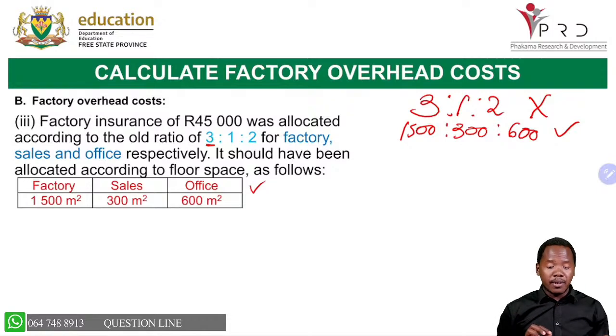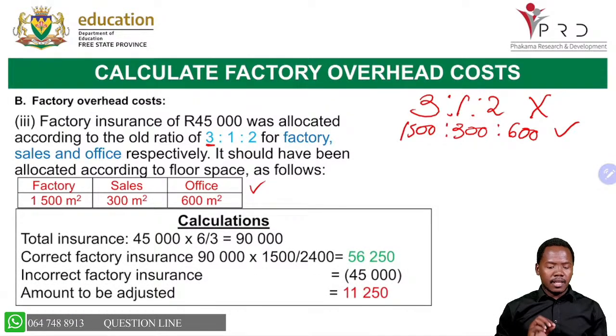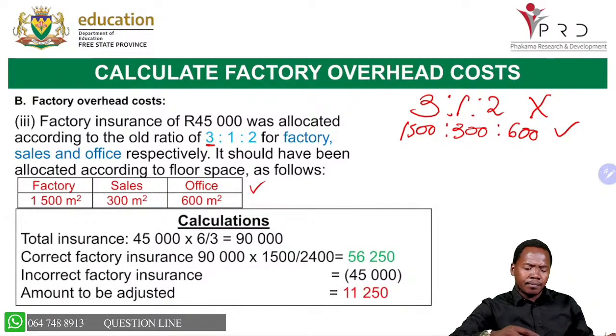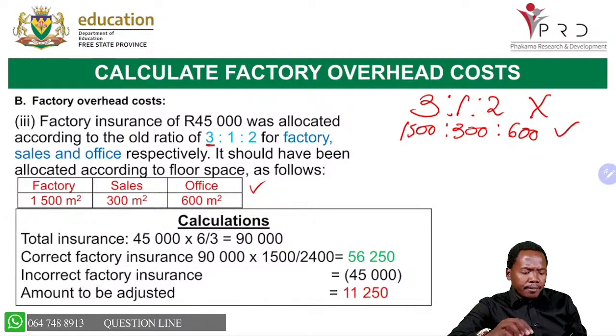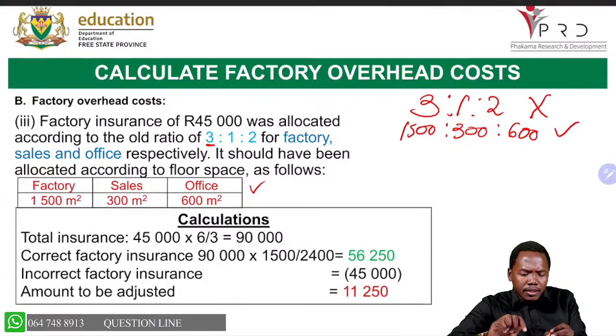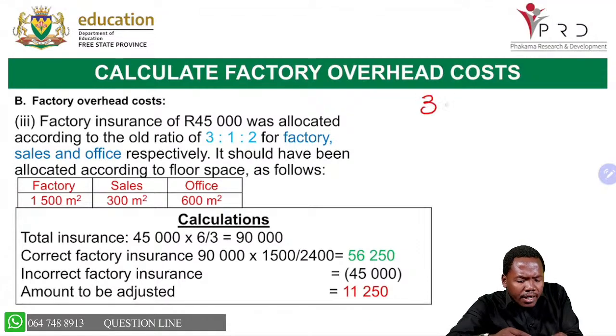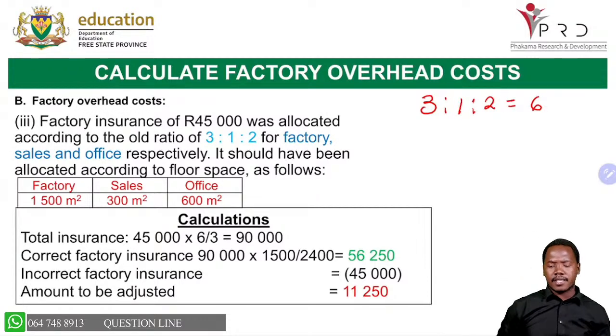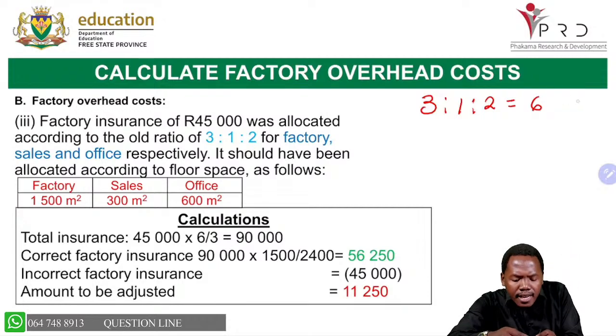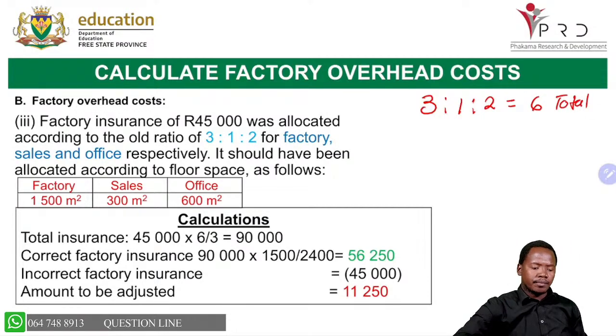Now, how are we supposed to work this one out? Let us look at the calculations now. First thing we need to do here, just clear everything. First thing we need to do is to take the old ratio, 3:1:2. We add all of this, it gives us 6, right? 6 becomes the total for our ratio.